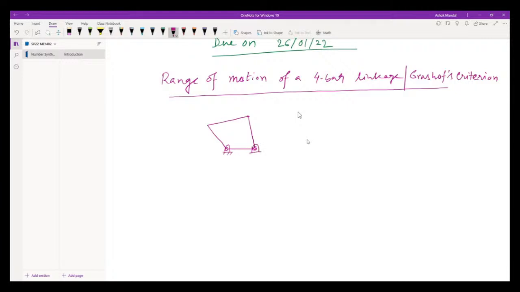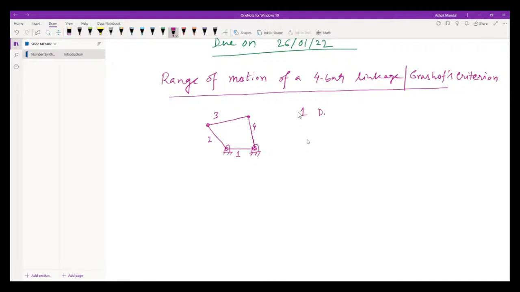This is our link number 1, 2, 3 and 4. What are the different mechanisms we can get from this four-bar linkage? Double crank, crank rocker, and double rocker.